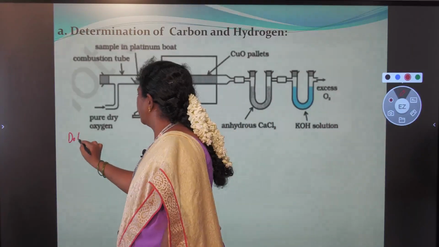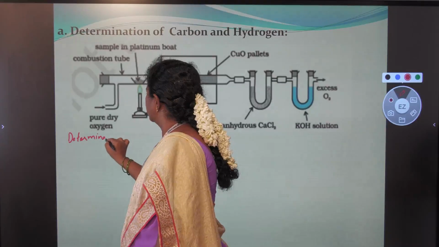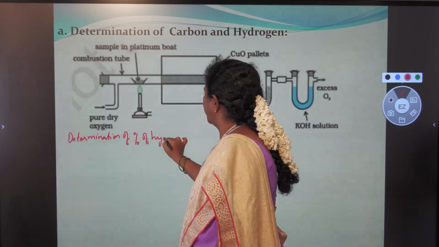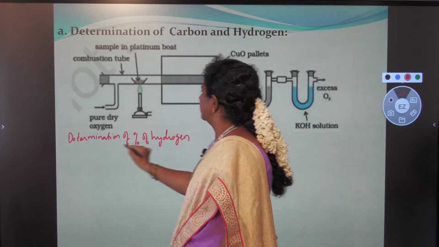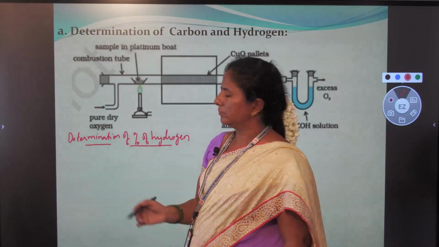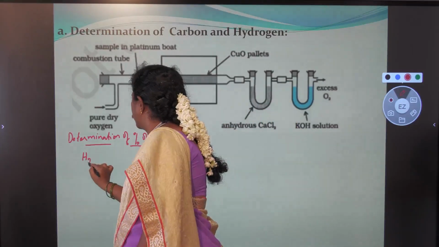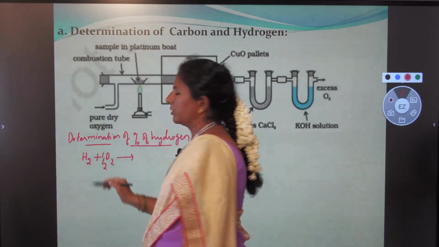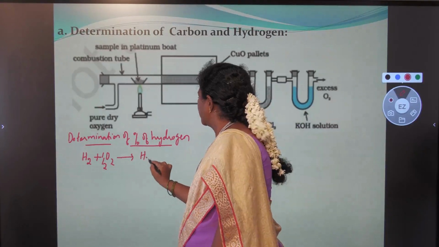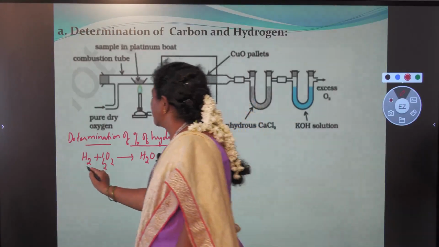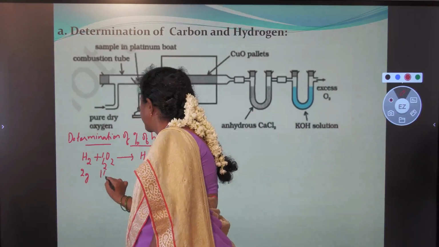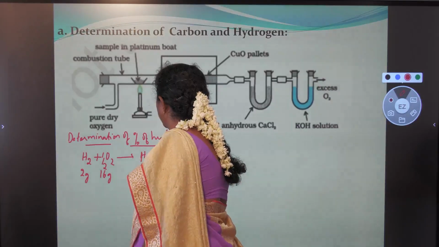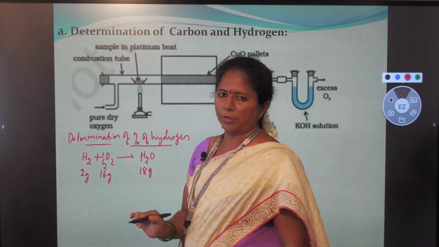Coming to the determination of percentage of hydrogen. So here hydrogen present in the fuel will react with oxygen and forms H2O. So 2 grams of hydrogen, 16 grams of oxygen will give rise to 18 grams of water.